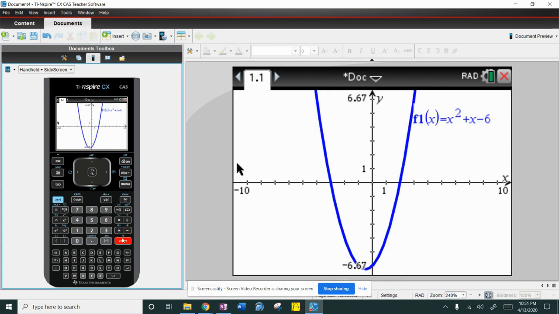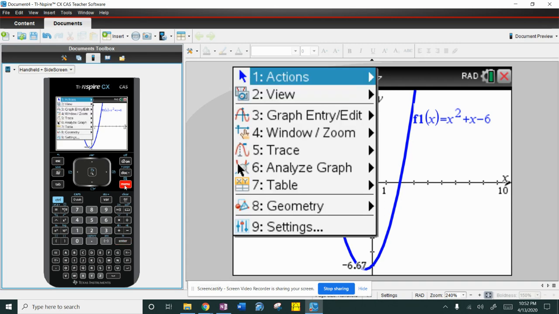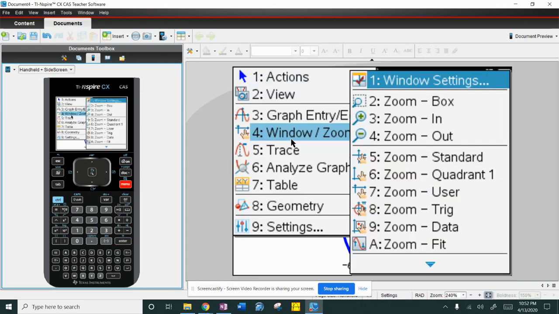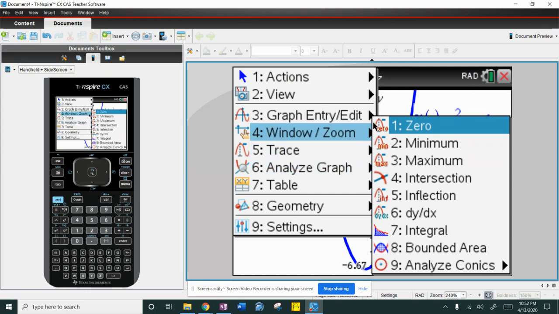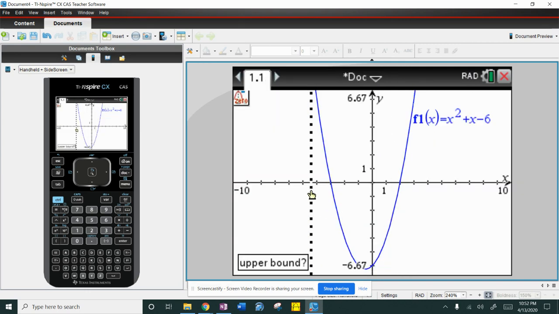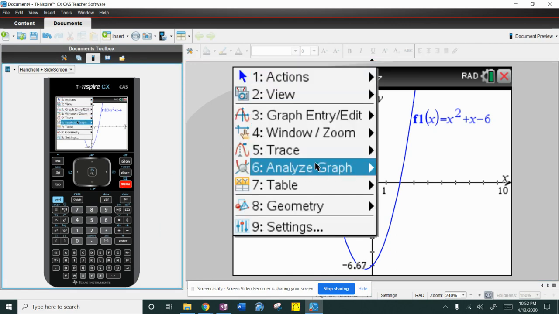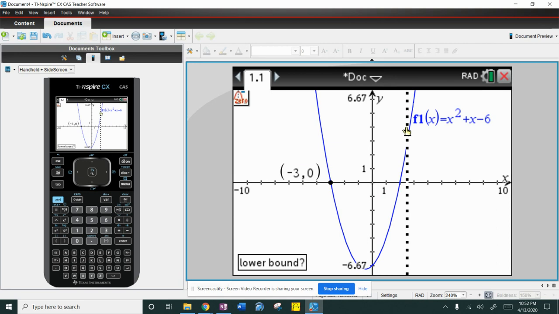Press enter. All right, looks like we have another one where it crosses in two places. So again, I go Menu, Analyze Graph, Zero, go to the left, go to the right, and I get one at -3. Now I use that command another time, go to the left, go to the right, and I get 2.